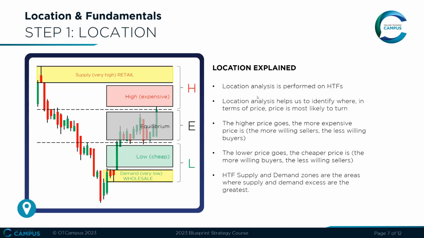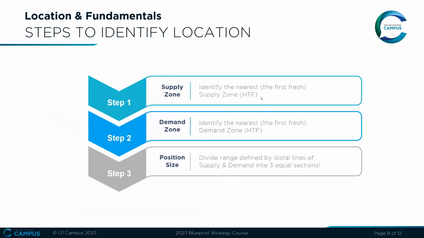price. So what are the steps to identify that? We can follow a 3-step process here. That's very simple. We identify the nearest supply zone on a higher time frame. Now, when I say the nearest, what I mean by that is the first fresh.